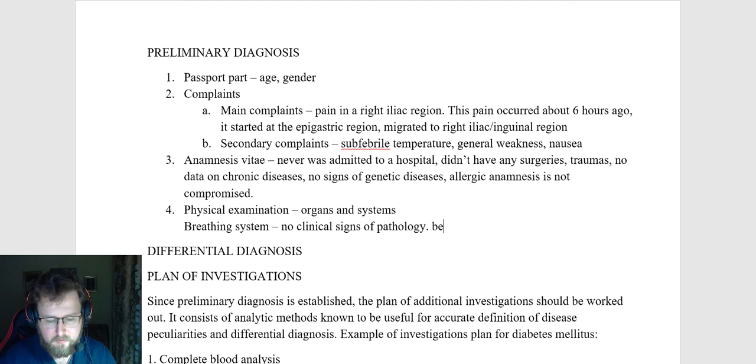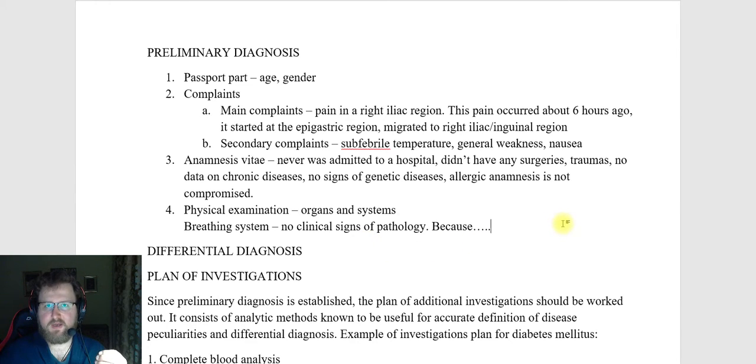Because his breath is vesicular, because he has normal limits of his lungs, because you don't hear some abnormal sounds during percussion or during auscultation, and this leads you to the conclusion you've made that among respiratory organs, he has no clinical signs of pathology.